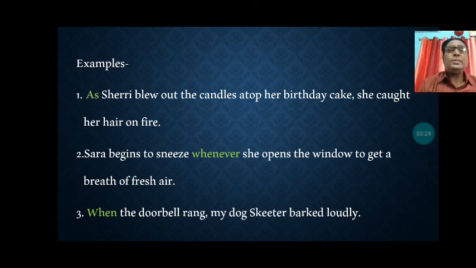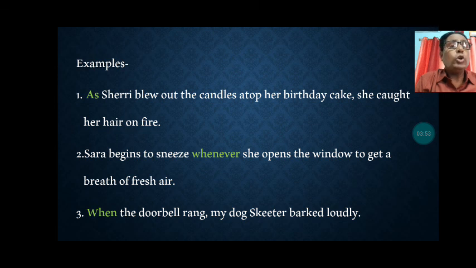The second one is: Sarah begins to sneeze whenever she opens the window to get a breath of fresh air. Very clear? These two clauses are connected by the conjunction whenever. These are subordinating conjunctions, or dependent conjunctions.